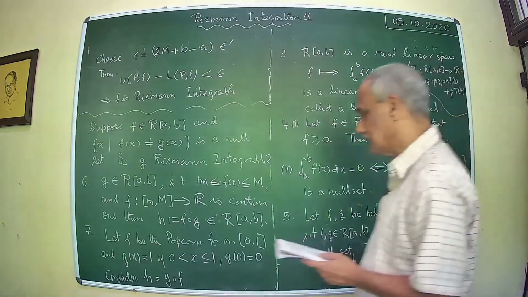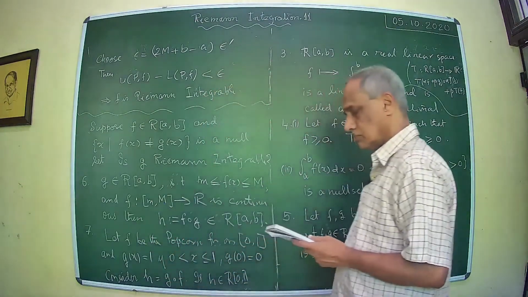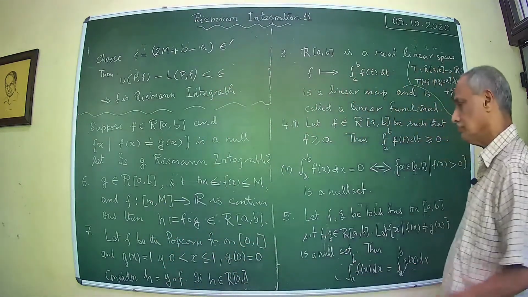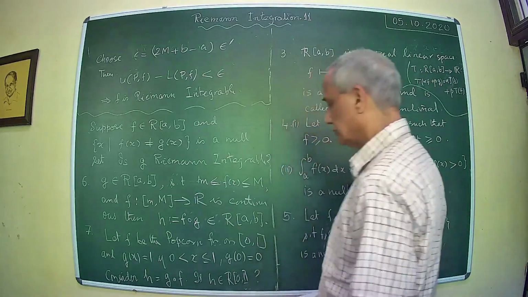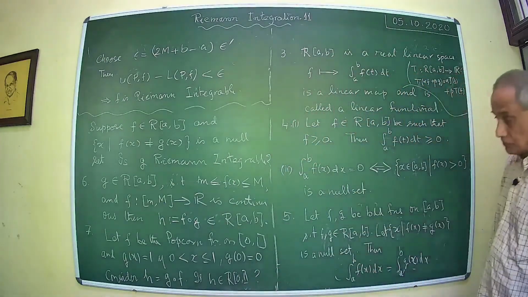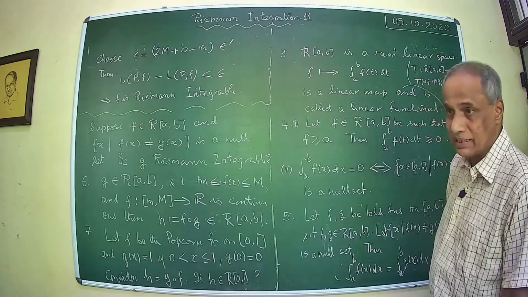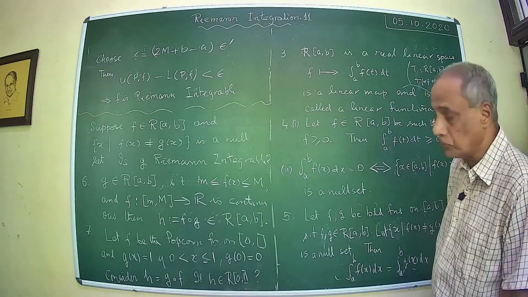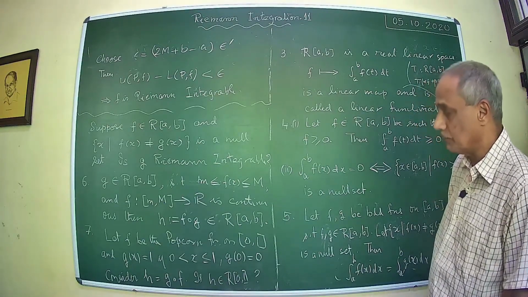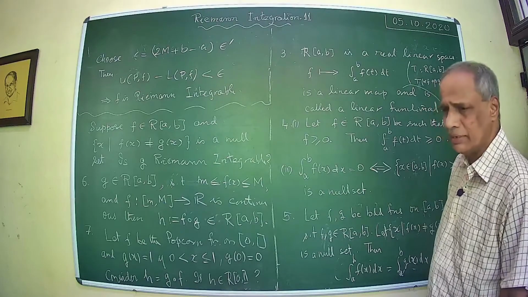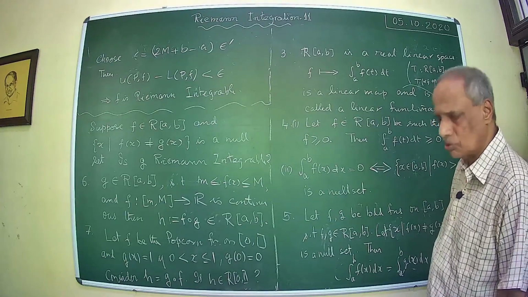So the question is, is it Riemann integrable? That you can see by actually computing h. So compute h and see what function it is, and you can immediately probably infer that this is not Riemann integrable.